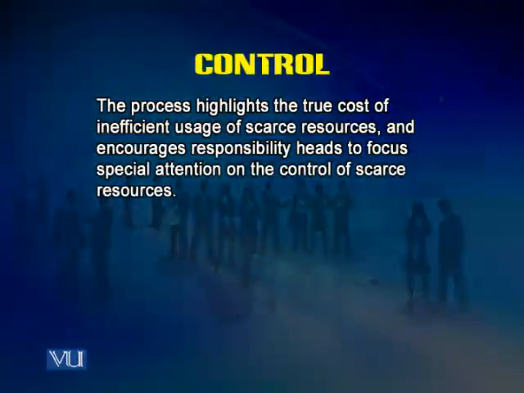The process highlights the true cost of inefficient usage of scarce resources and encourages responsibility heads to focus special attention on the control of scarce resources. By making the allocation of acquisition cost plus opportunity cost, those heads responsible for the usage of these resources are going to focus more attention.